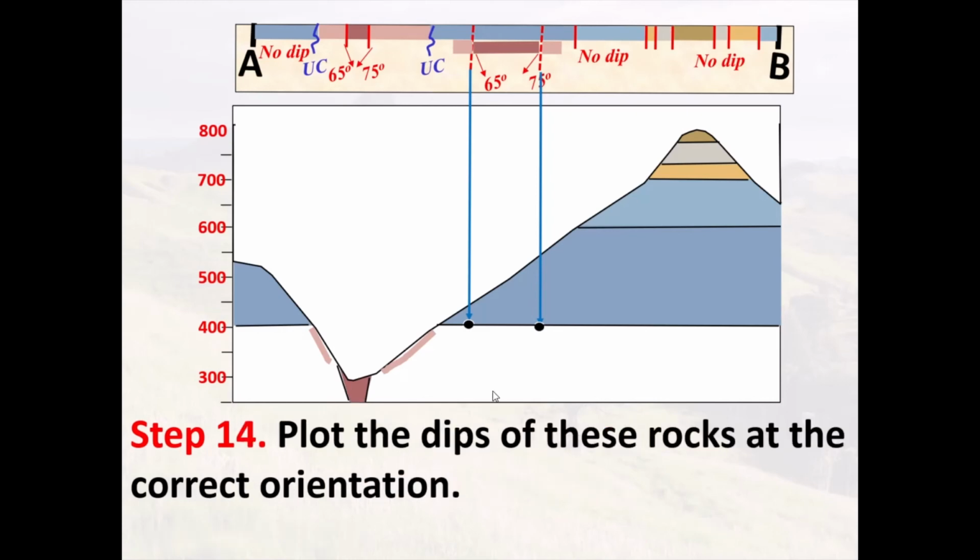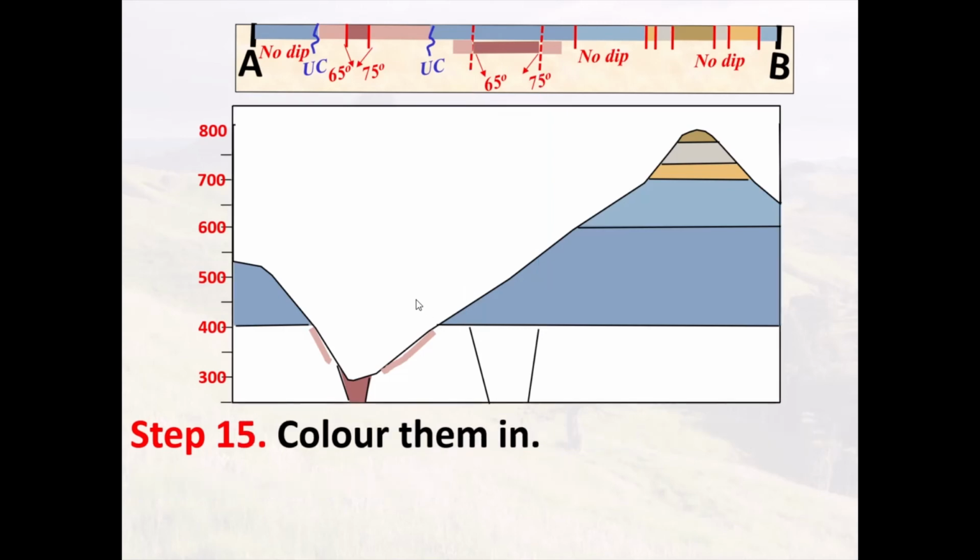So then I can plot the dip of these rocks at the appropriate orientation, and I've measured them as being about 65 and 75 degrees. Not quite symmetrical folds. And then I can add color to the rest of my section.